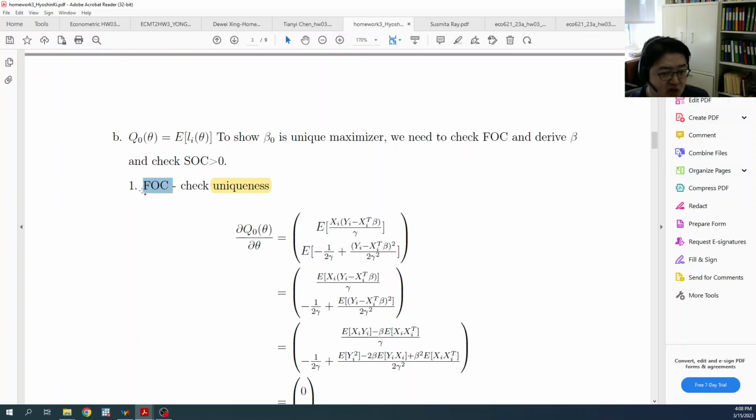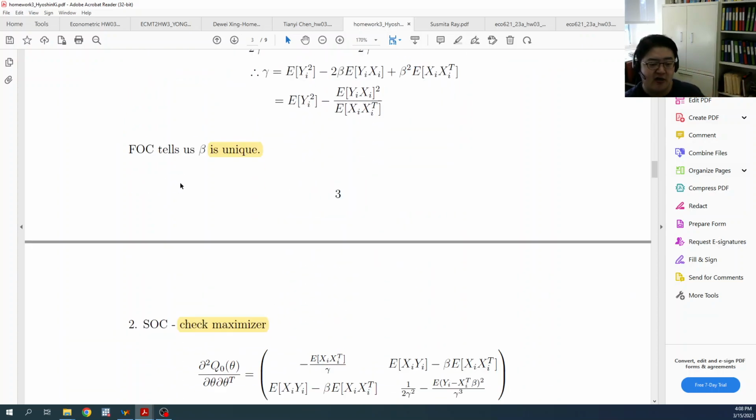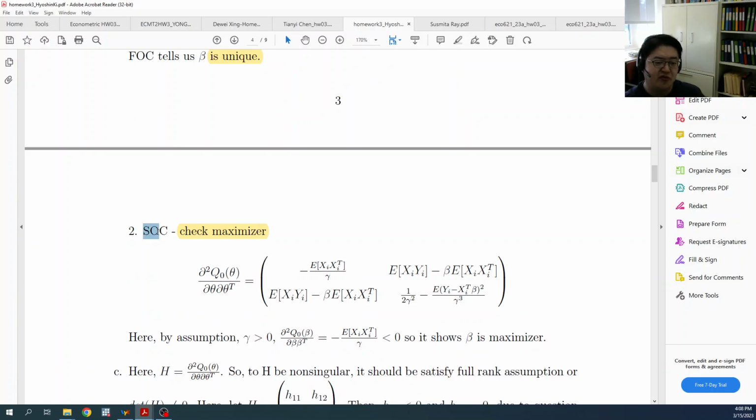So the first order condition will give you one potential minimum or maximum, right? And then in the second order condition, if it is positive definite, then the first order condition solution was a minimum. And if it's globally strictly positive definite, then the solution was the global unique minimum, right?